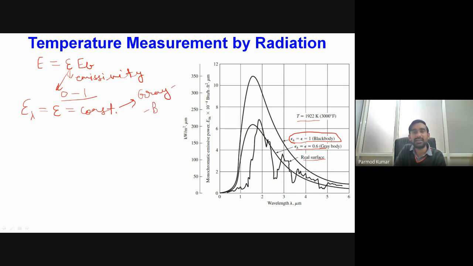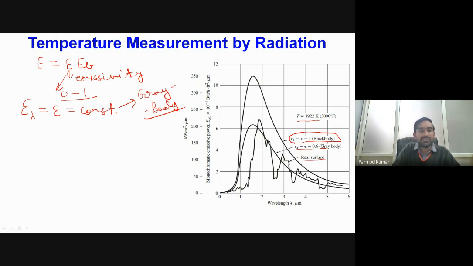That's why majority of the time, when we study our radiative heat transfer course, we say that we are considering the assumption that our surface is a gray surface, or our body is a gray body. The meaning of that is that emissivity at each and every wavelength is constant. However, in real practice, that will not be happening for a real surface.